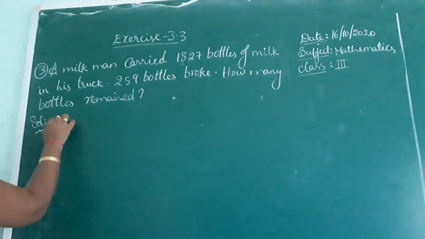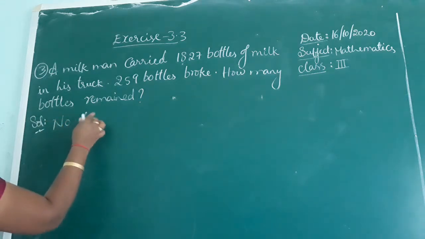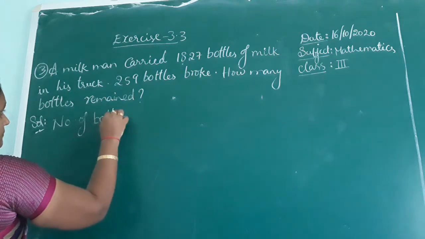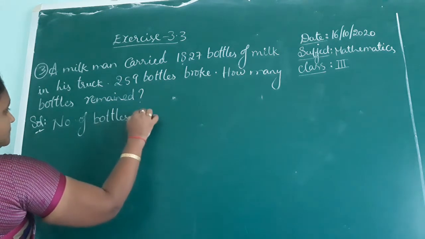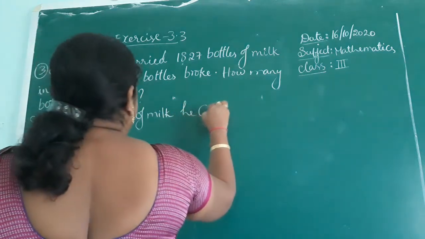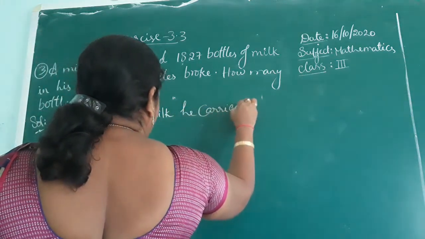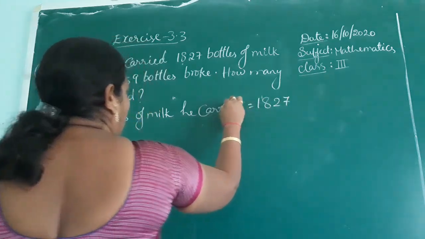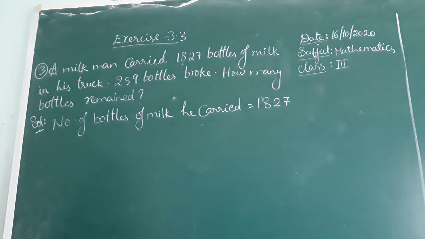So first, the number of bottles of milk he carried. How many did he carry, children? 1827. He carried 1827.